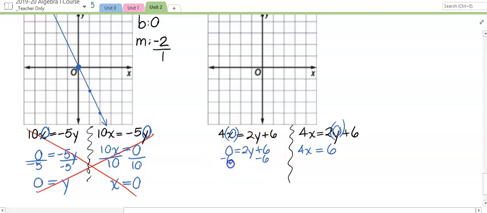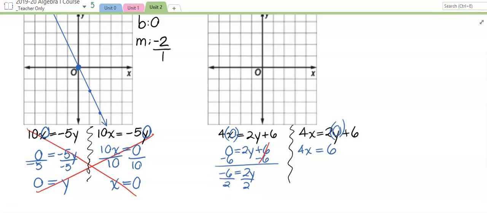Subtract 6 from both sides. And then finally, divide by 2. y is -3. So on the y-axis, I'm going to plot a point at -3.